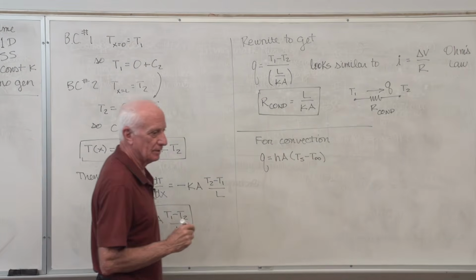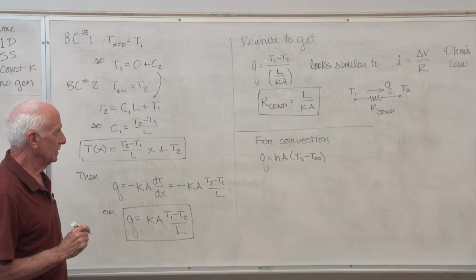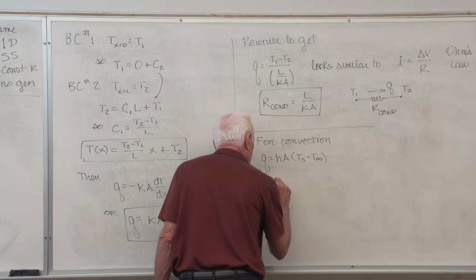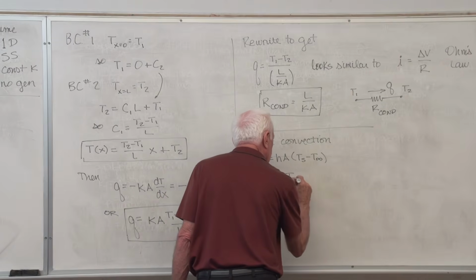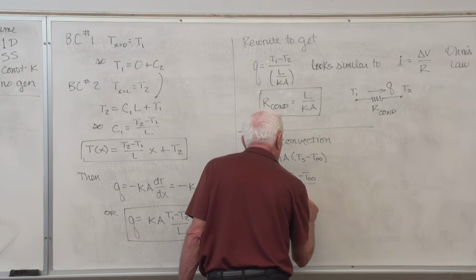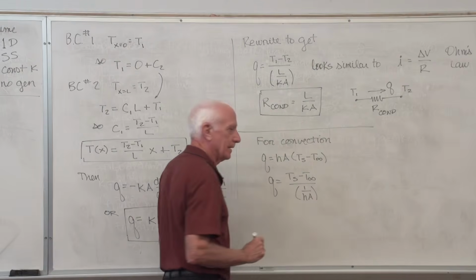Okay, Newton's law, chapter 1. So I say, you know what? I'm going to rewrite that guy. Q equals T surface minus T infinity divided by 1 over hA. Okay?